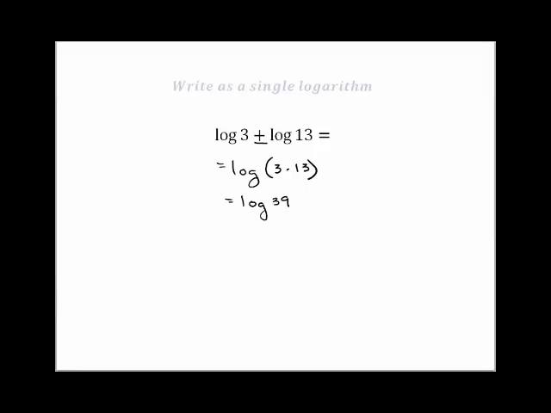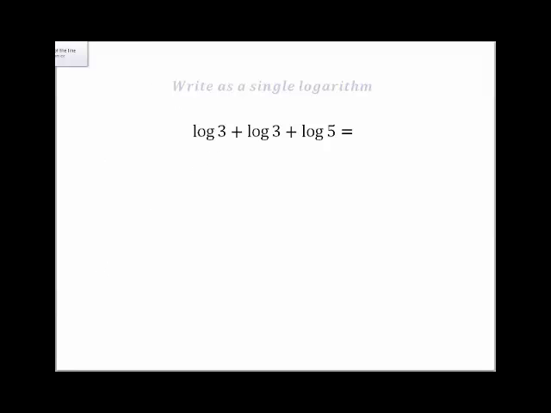All right. I think going this way actually is a little easier, but maybe you don't think so. Just wait. We'll get a little bit more difficult. Here is another one. Let's see what we've got going here. We've got a plus and a plus.